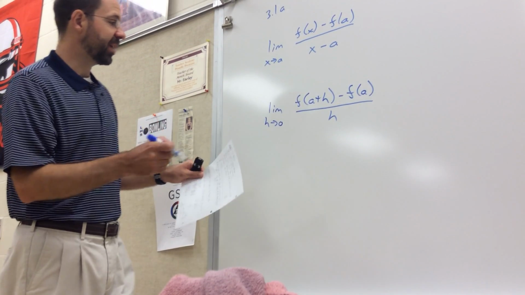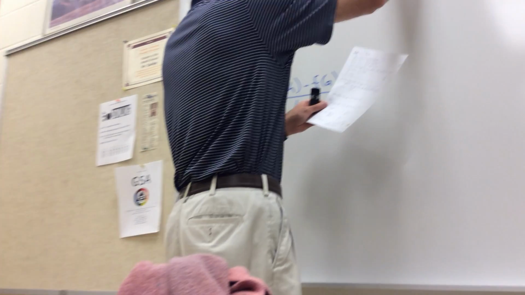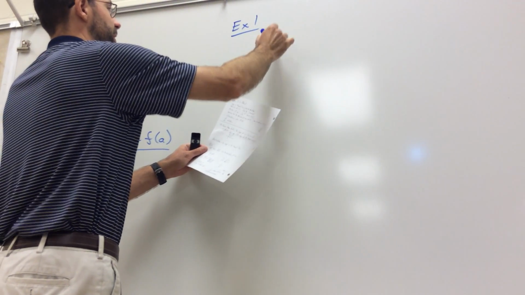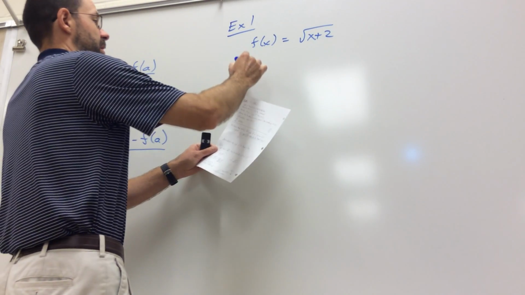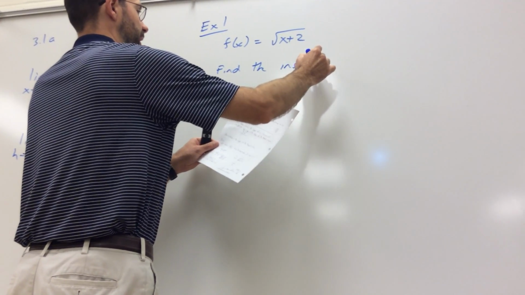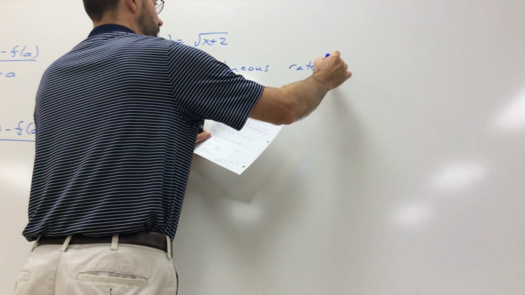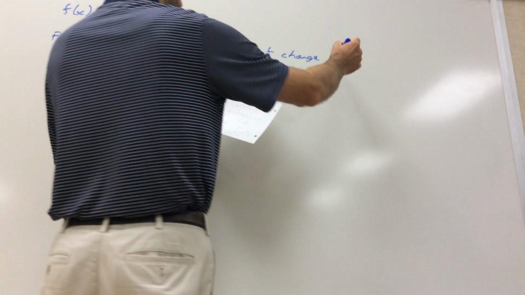Okay, so we haven't yet used this formula, so I'm going to show you one example with that happening. So we're going to have f of x equal to square root of x plus 2. And we're going to find the instantaneous rate of change at x equals 7.